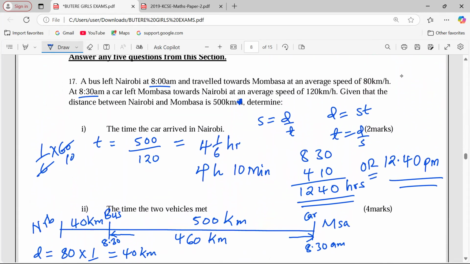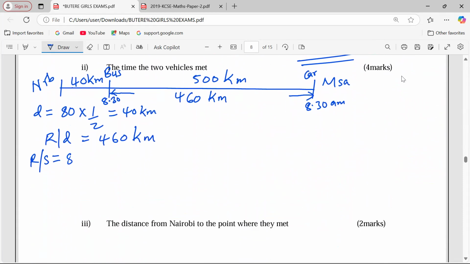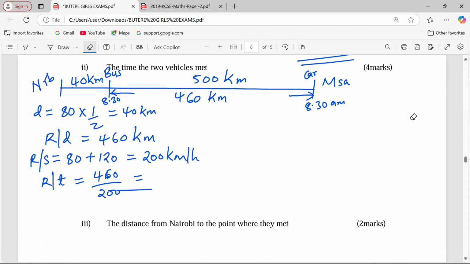So one at a speed of 80 and the other at a speed of 120, so 80 plus 120 gives us 200 kilometers per hour. So they are jointly covering the distance at a speed of 200 kilometers per hour, meaning that we can get the relative time, the time taken to cover the relative distance. It will be the distance out of the speed. Let me write it well.